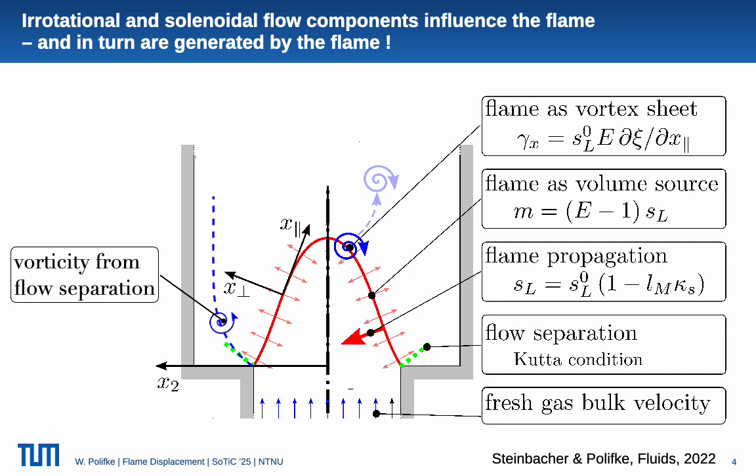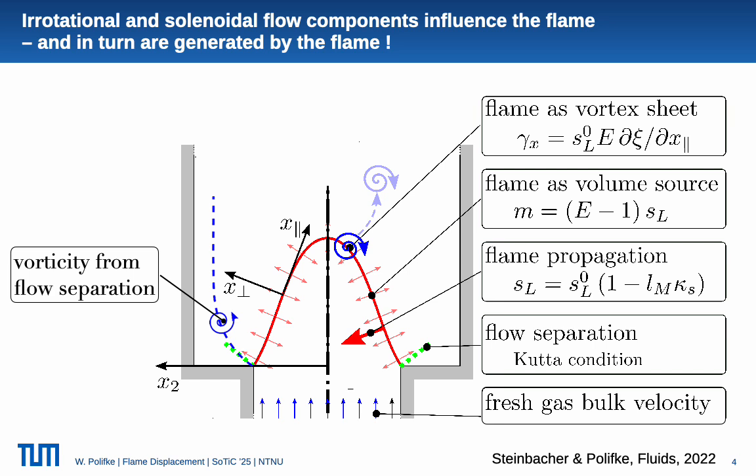And in particular, he concentrated on two possible sources of vorticity: flow separation and flame wrinkling, indicated by the little blue whirling thing near the tip of the flame here.